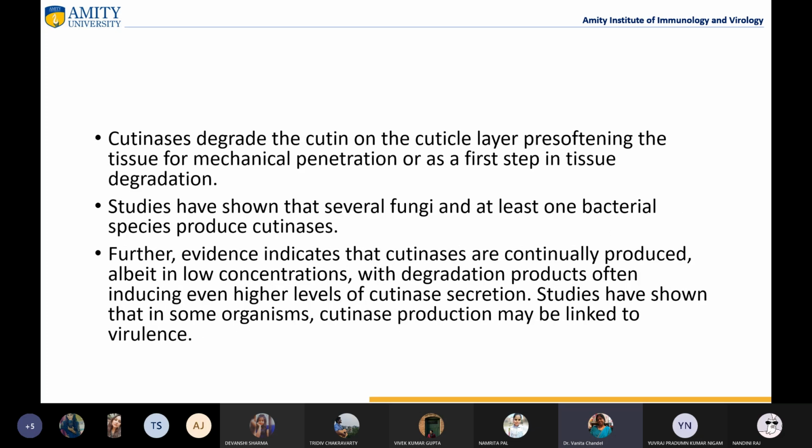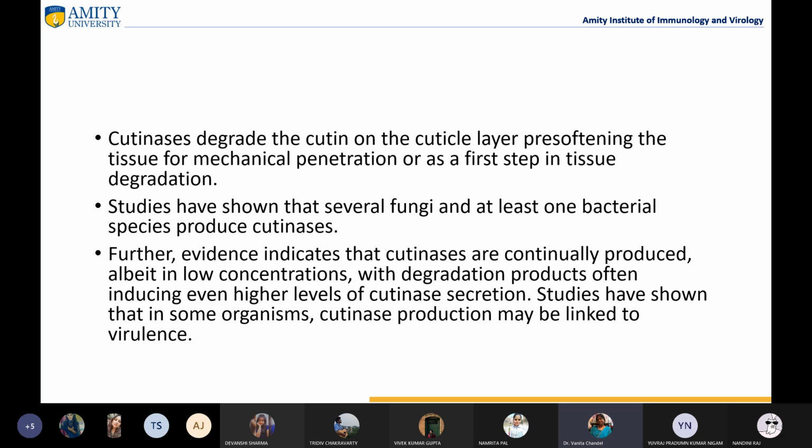So cutinases degrade the cutin on the cuticle layer, pre-softening the tissues for mechanical penetration or as a first step in the tissue degradation. The cell wall is a structure which gives a shape to the plant, which prevents any movement from inside to outside or vice versa, right? Nothing can go inside or outside due to the cell wall.